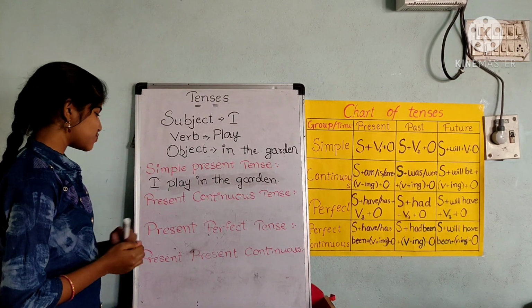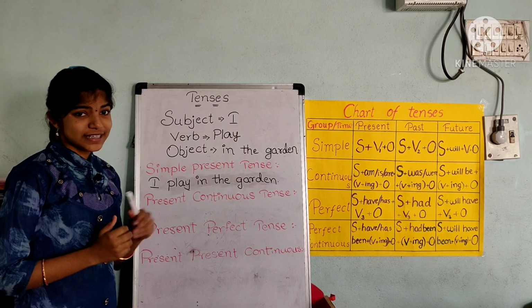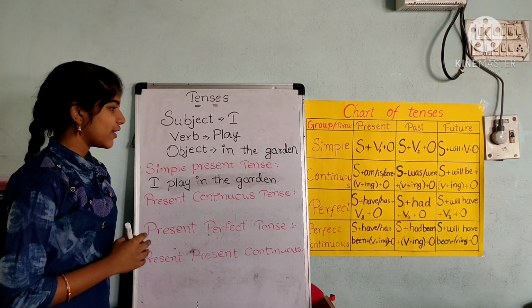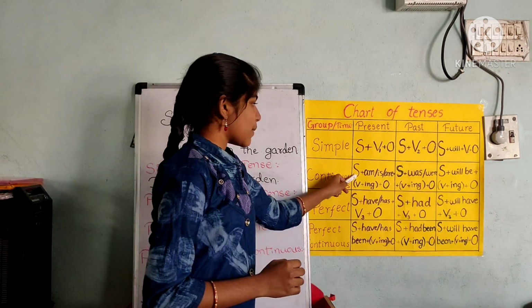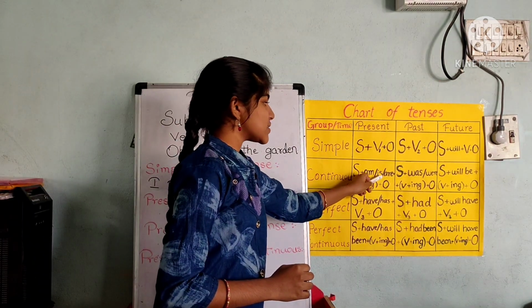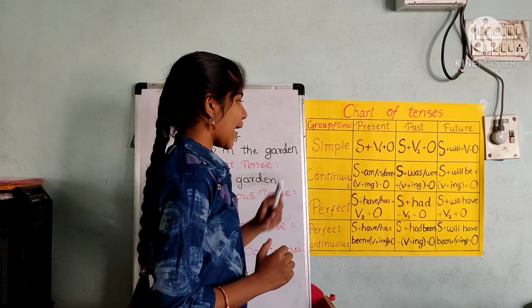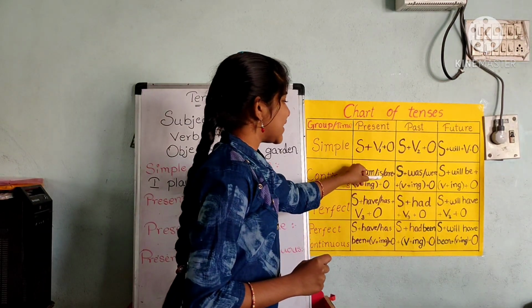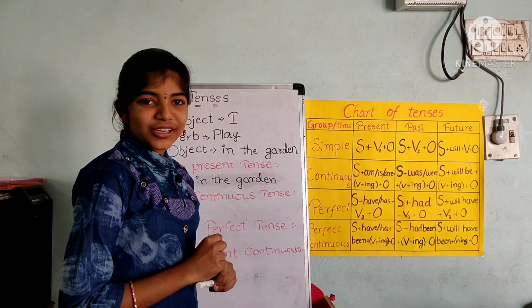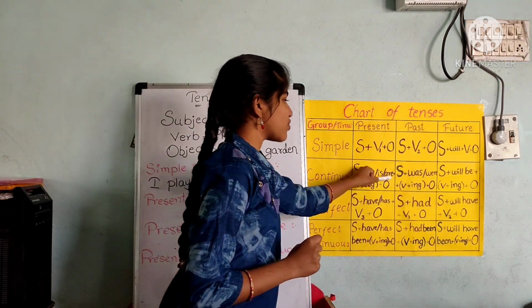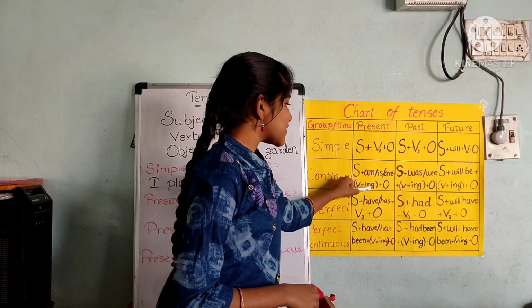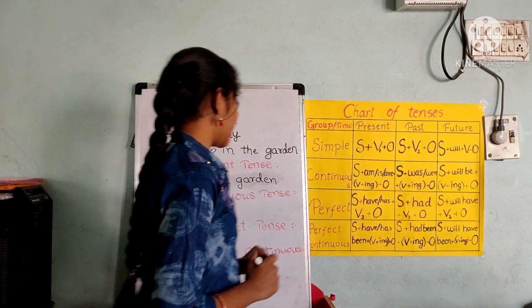Moving to the next one, present continuous tense, which means work that is still going on. Formula for this is subject plus am or is or are. We should use am when the subject is I, is when the subject is in singular form, and are when the subject is plural form, plus verb plus ing form plus object.